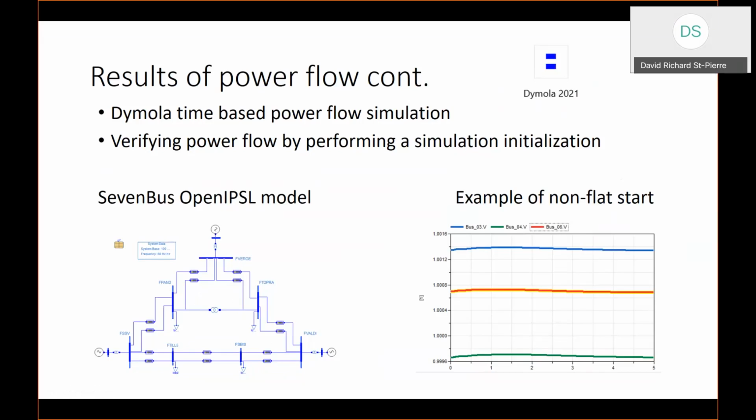If it's not, as I show on the right here, the initial condition, the starting condition, is not flat. We see that over time, the bus voltages are changing as the system is trying to, if it can, reach an equilibrium point, which would then be the solution to the power flow problem.